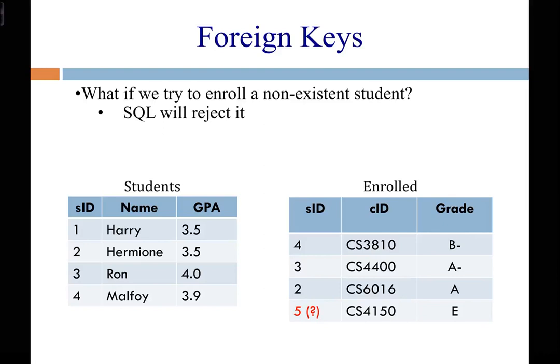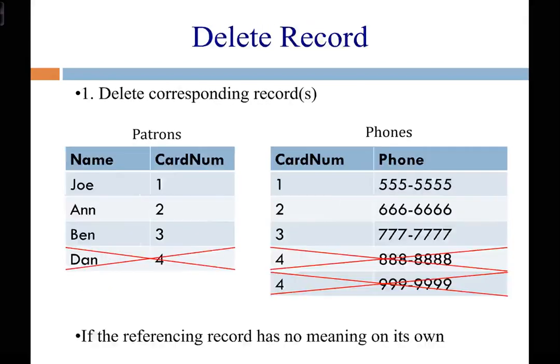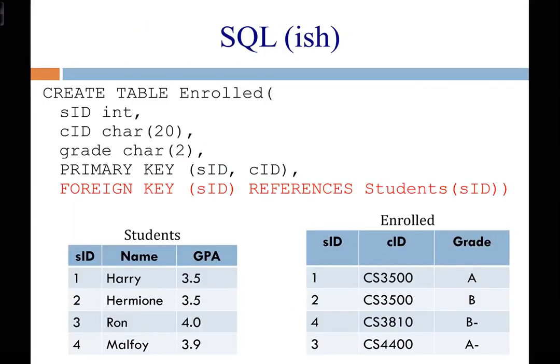It applies on inserting information into the enrolled table, and it prevents certain things from happening when changing information in the students table. All because I specified that SID in enrolled is a foreign key that references SID in students. Okay?